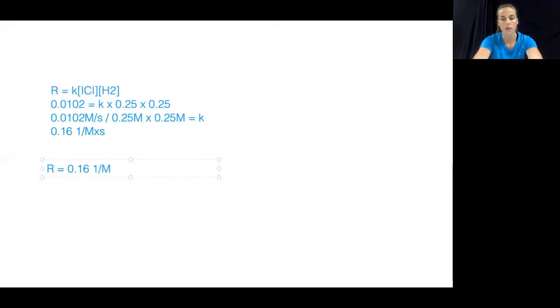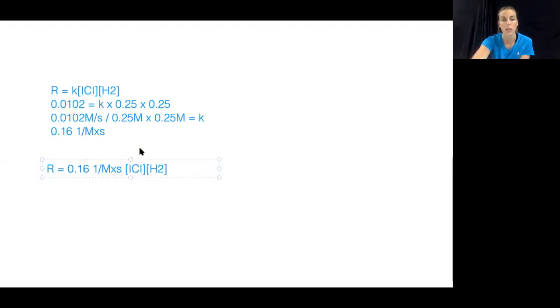And then we put our unit for that. So that's K, and then the concentration of ICl. Remember, x is just 1, so we don't need an exponent, and the concentration of H2, and remember that exponent was 1 as well.